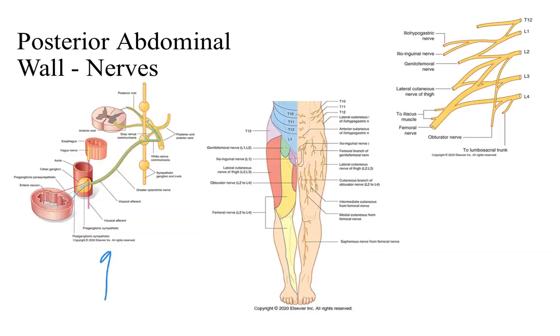All right, so this is just a picture showing you the nerves coming from the spinal cord, going to ganglia, which are on the aorta. We have shown that in previous pictures, and then going directly to the muscular wall of the gut, just to kind of show you how those are all connected to each other.